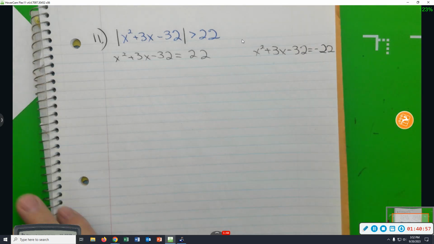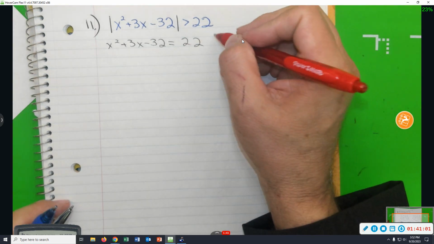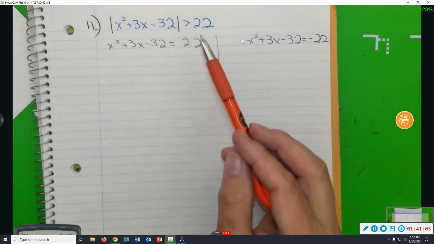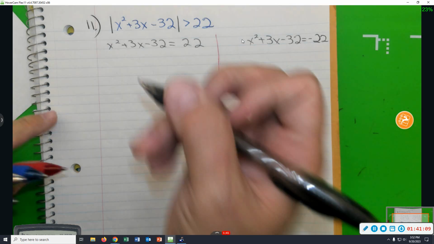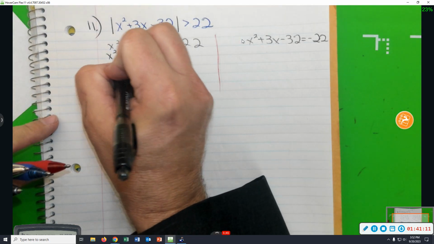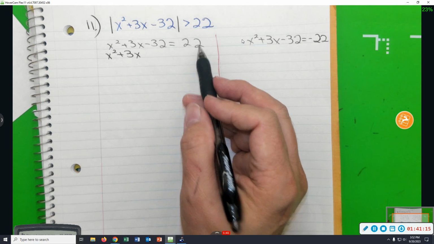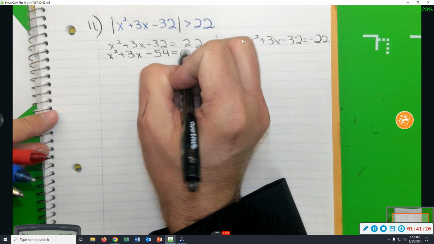We'll subtract 22. That's going to give us x squared plus 3x minus 32 minus 22, which gives us minus 54 equals 0.